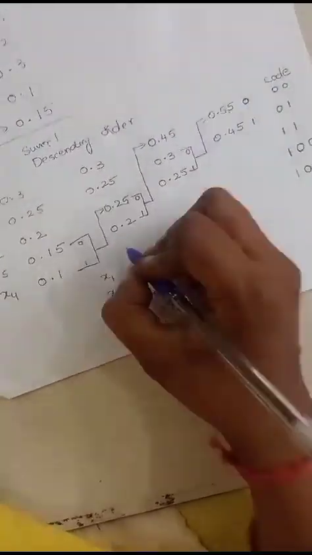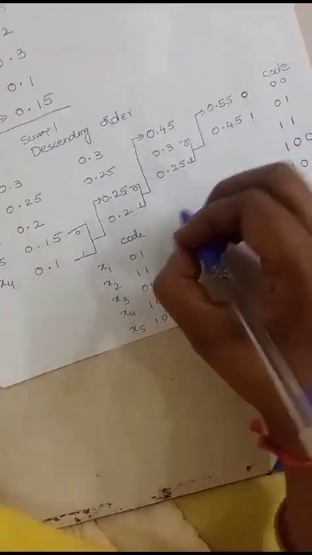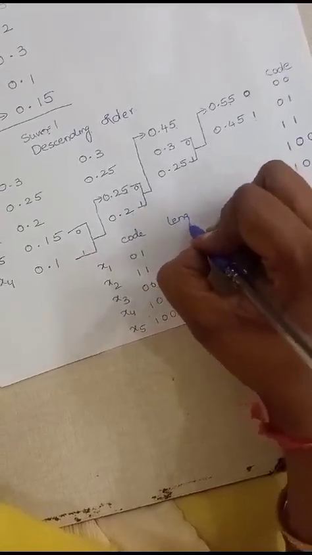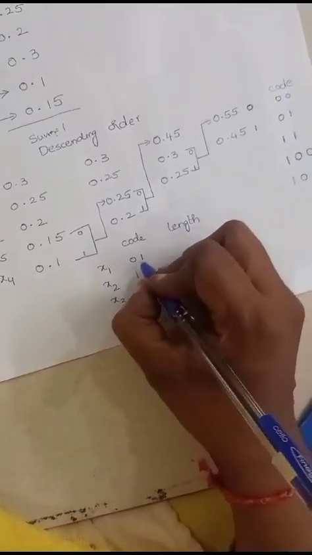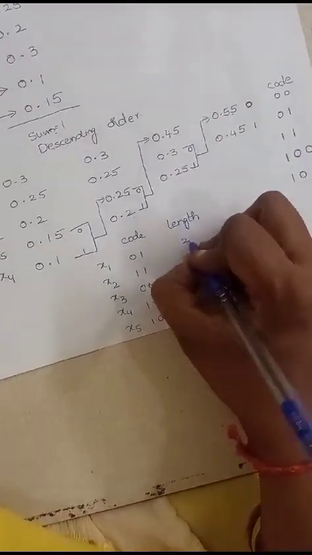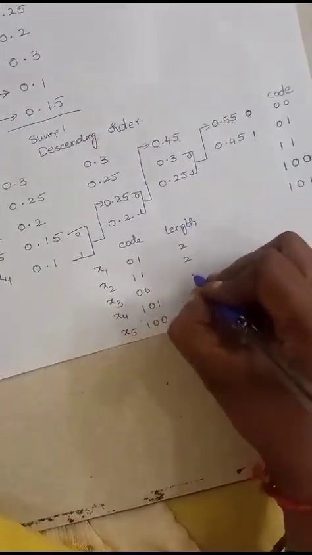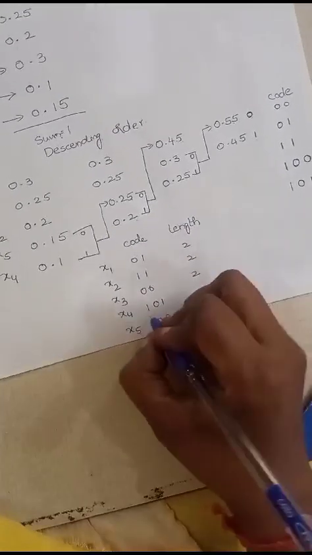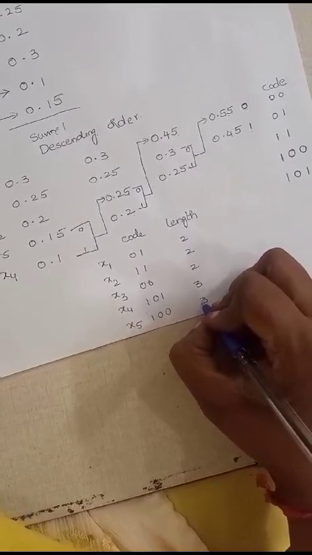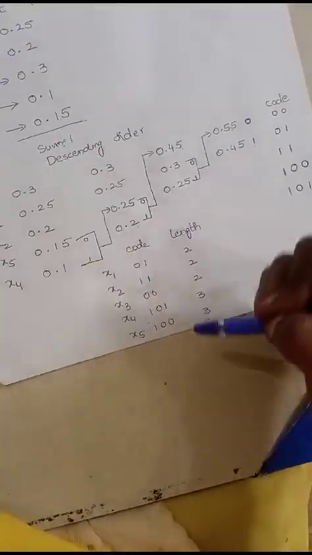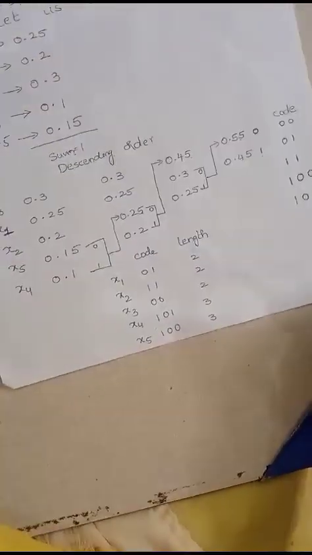So this is the code word, and the length of the code, that means the number of bits in each code, can be calculated: 2 bits here, 2 here, 00 is 2 bits, 101 is 3 bits, and 100 is 3 bits. In this manner, we can calculate the Huffman coding for any number of symbols based on their probabilities.